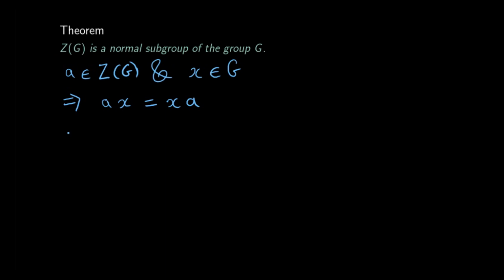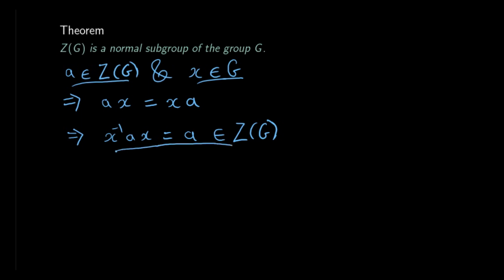Now, multiplying throughout on the left by x inverse, we have x inverse ax is equal to a, but we all know that a lies inside Z(G), and therefore we have shown that given any a inside Z(G) and any x inside G, x inverse ax is inside Z(G), which proves that Z(G) is a normal subgroup of G.